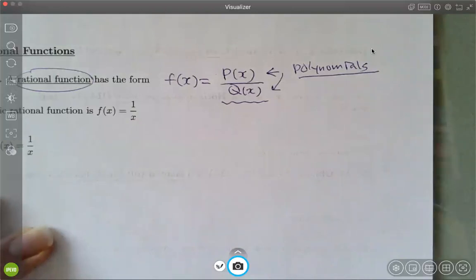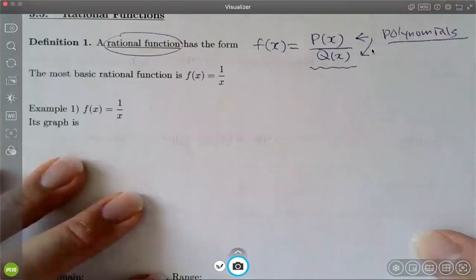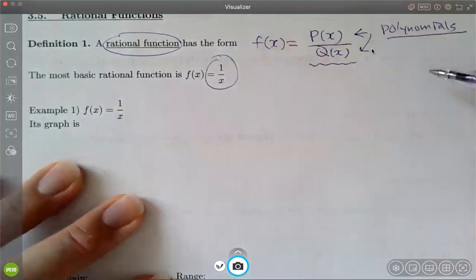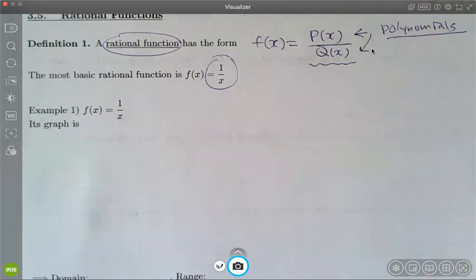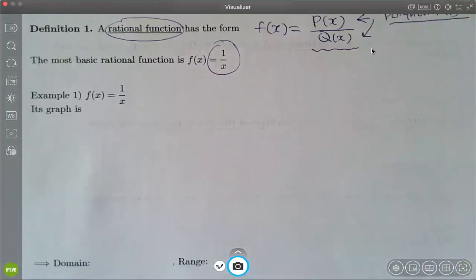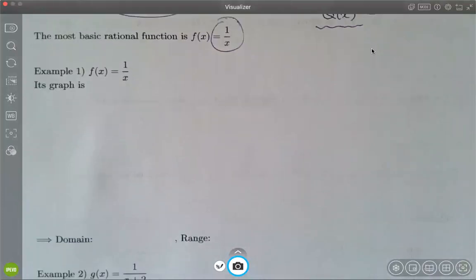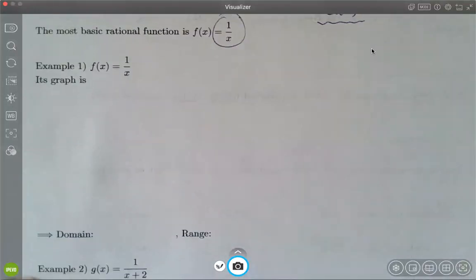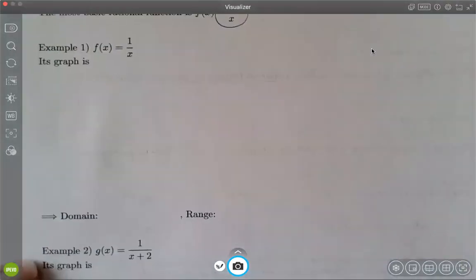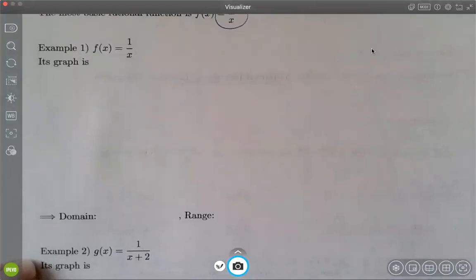rational function is 1 over x, okay? So this is the most basic rational function, and we have seen its graph before, okay? And hopefully you still remember how the graph looks like. So first of all, none of you has to say the graph is a line, okay? That's just absurd, right?